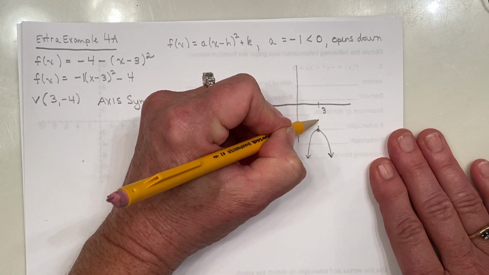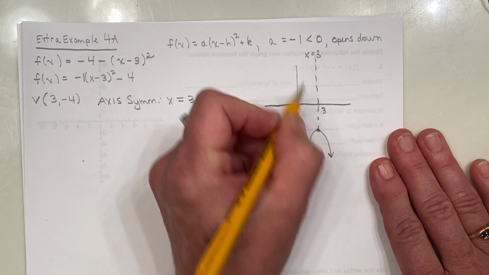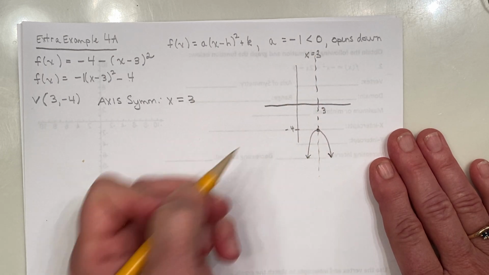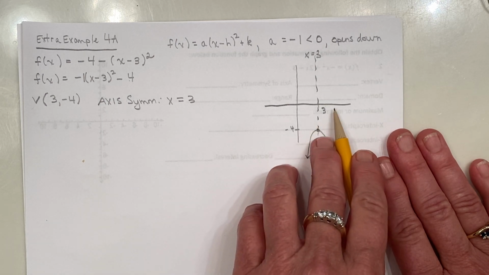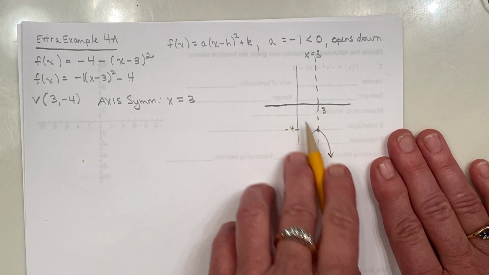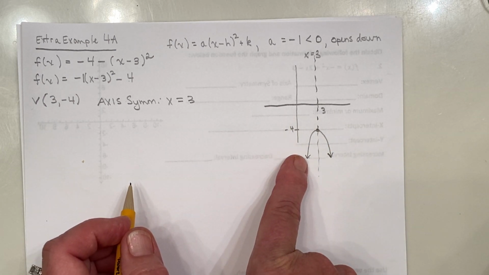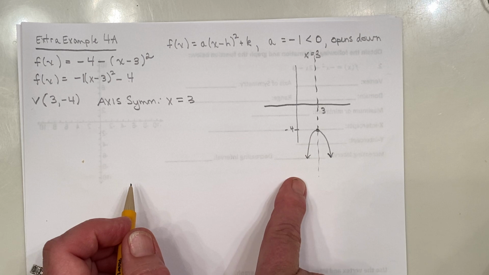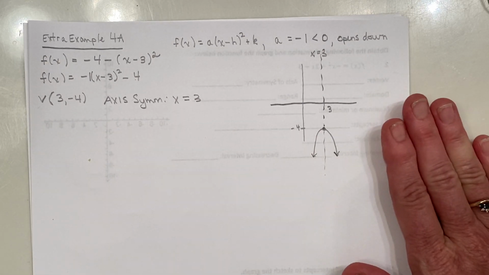I'm going to go ahead and dash in the vertical line of x equals 3, the axis of symmetry. Notice right away from this, we're not going to have any real zeros because this parabola will never intersect the x-axis. Now it's probably going to have a y-intercept, but maybe it's going to occur somewhere down here if I were to extend my y-axis.